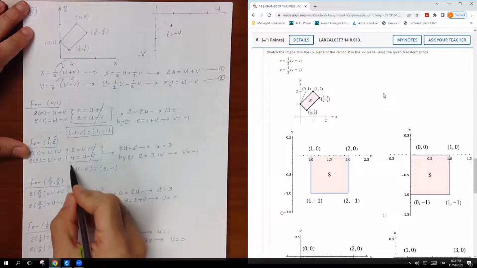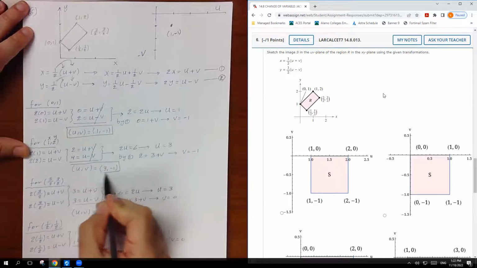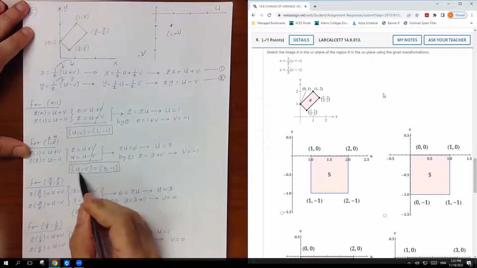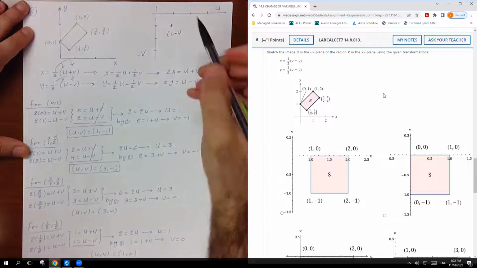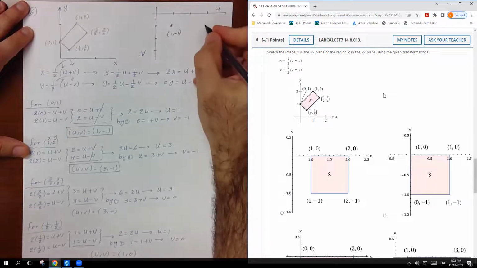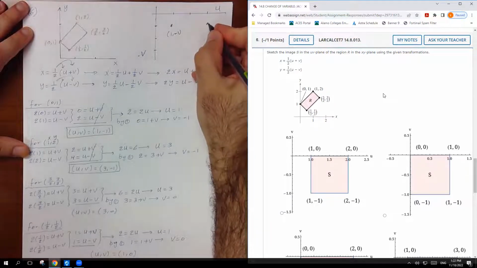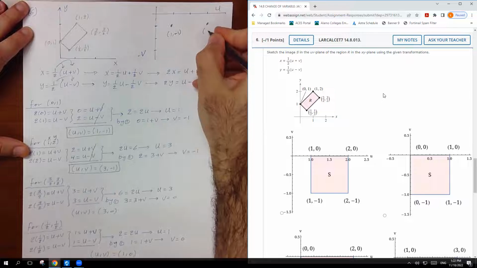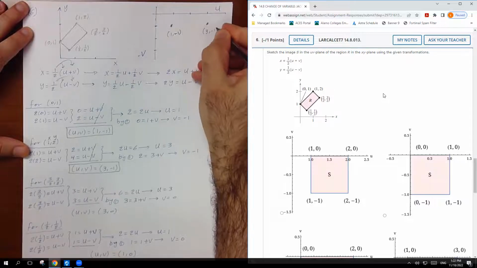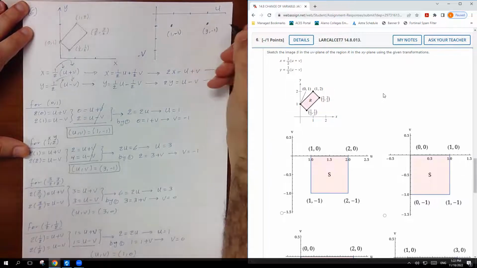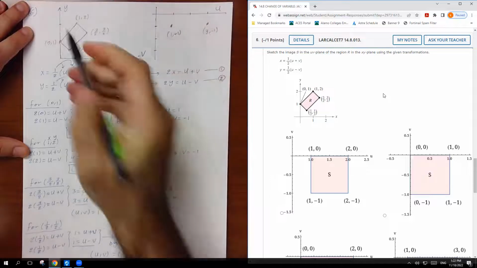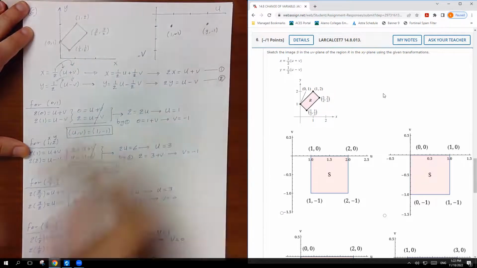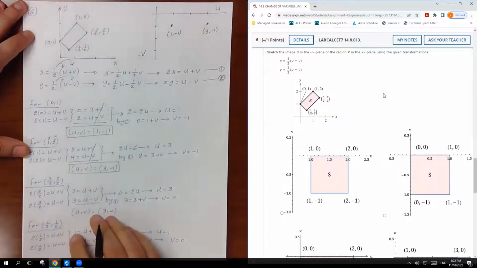So the new point is going to be 3 and -1 on the uv plane. It's going to be here. So this point is going to be 3 and v is -1. That means this point converted to this one. Let's keep going to the third one.